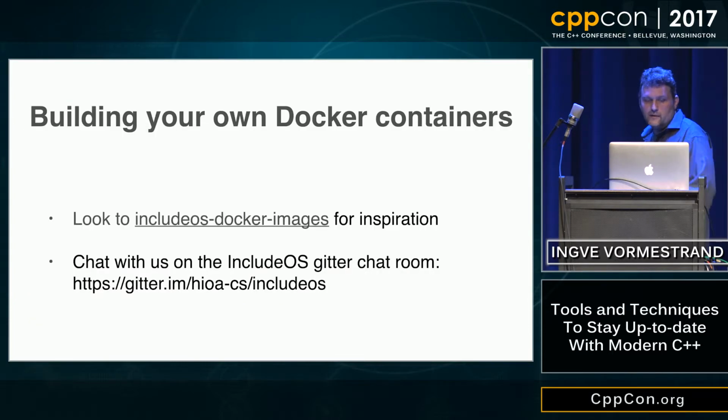Unfortunately, that needs to be a separate talk, so you could look at the Docker images from IncludeOS. They are on GitHub, open source. You can use them for inspiration. And if you want to chat with us, we have a Gitter chat room. It's like Slack, only Gitter.